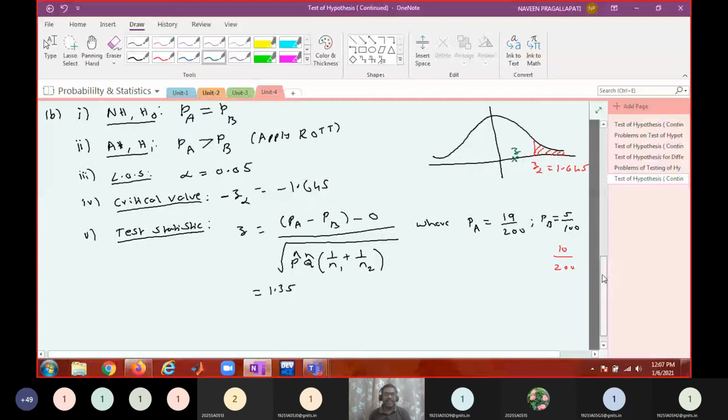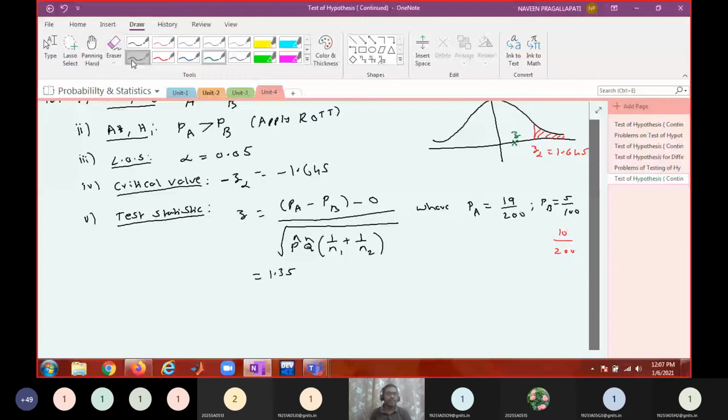So what is your decision again? Do not reject. Decision: Z is less than Z alpha implies do not reject.